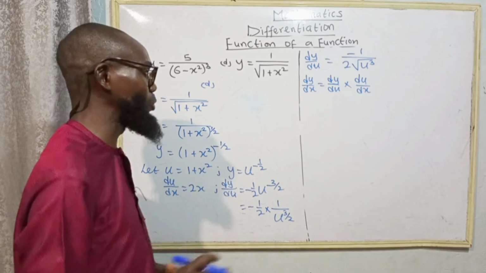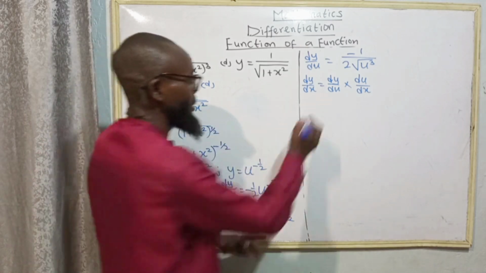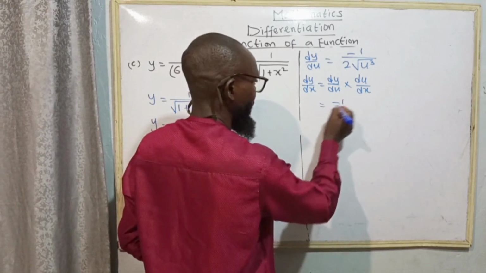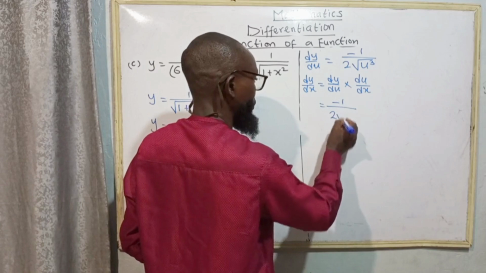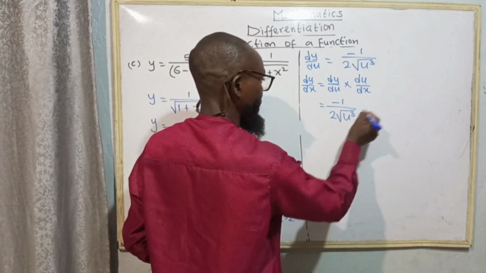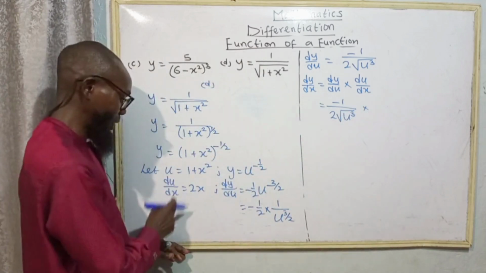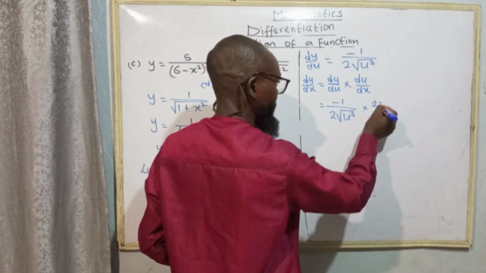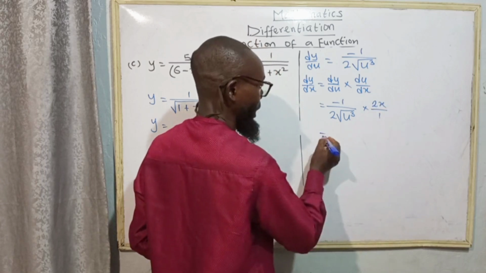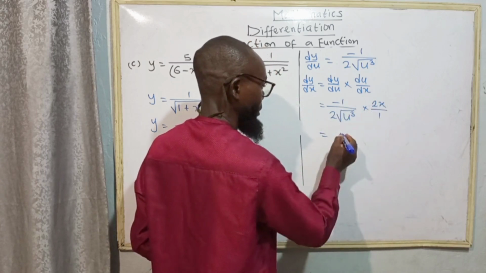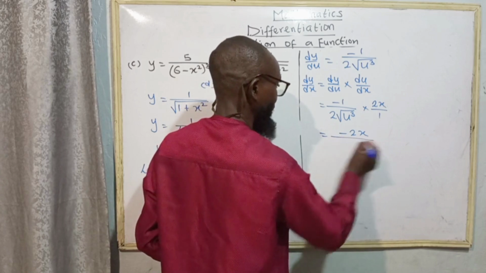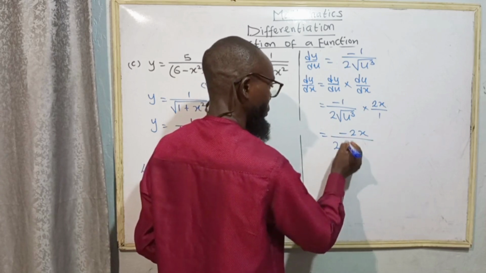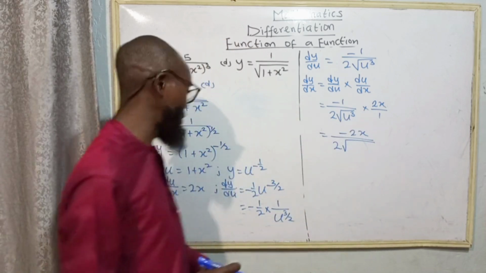Now, we can substitute the value of dy/du to be equal to minus 1 over 2 square root of u raised to power 3, multiplied by our du/dx, 2x over 1. So we have 2x times minus 1, that is minus 2x, divided by 2 square root of, what is the value of my u?